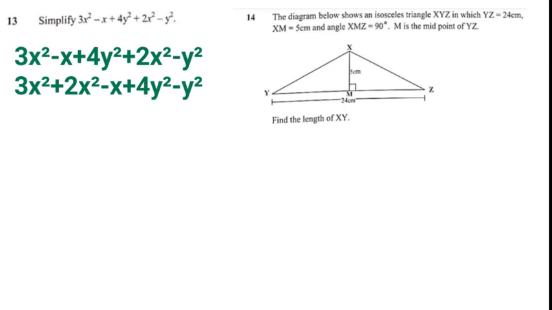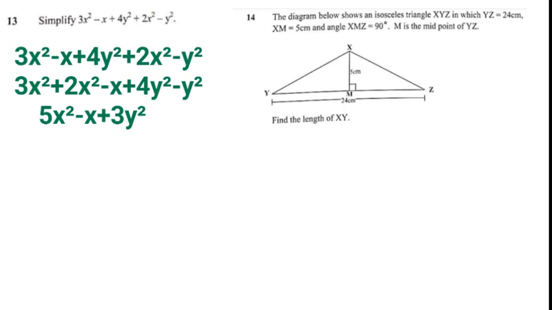So 3x squared plus 2x squared will give us 5x squared, then minus x, then 4y squared minus y squared will give us 3y squared. And that is the answer for that question. That's the answer you need to write in your answer sheet.